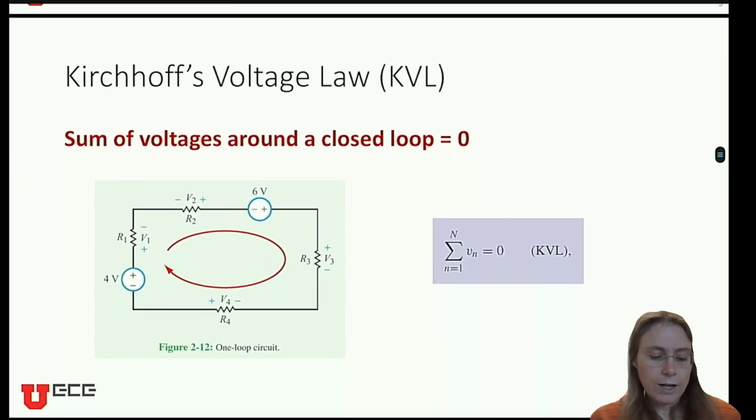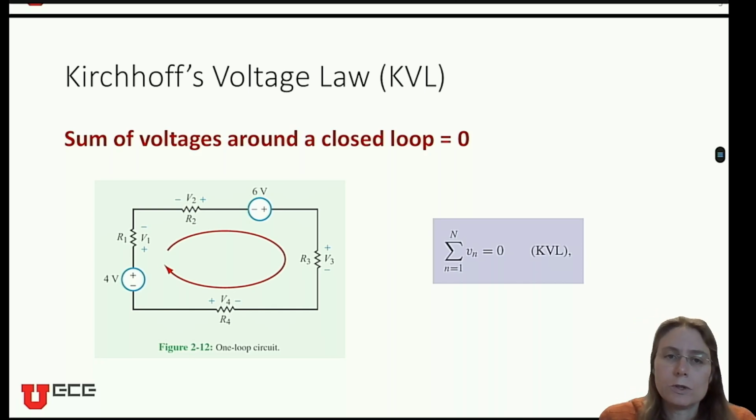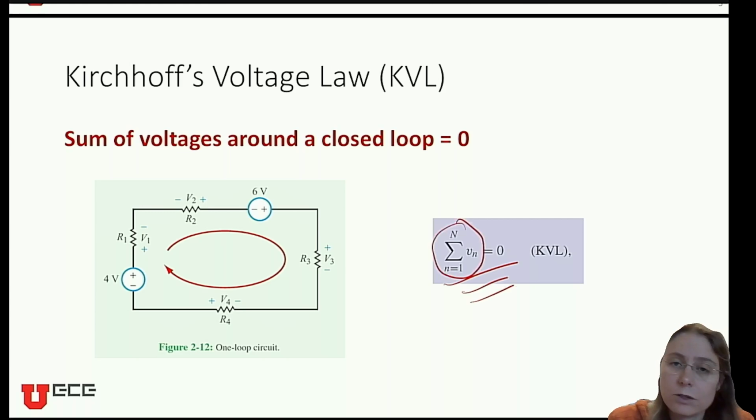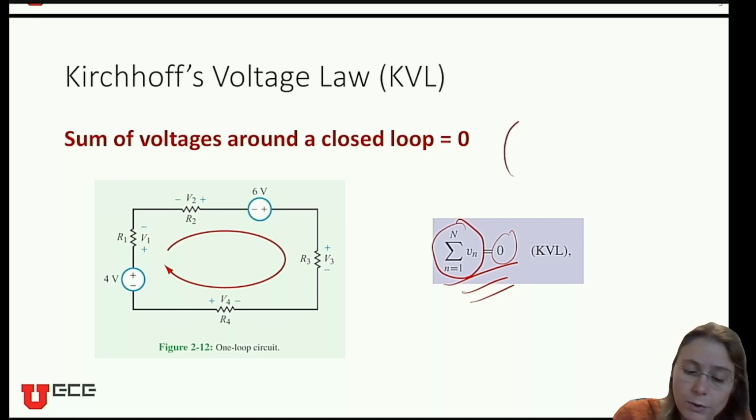Okay, now let's look at how to use Kirchhoff's voltage law. Again, we have a generic formula here, which just says that if we sum up all the voltages in a loop, they must sum up to 0. There are a lot of ways to go around a loop. I could go clockwise.